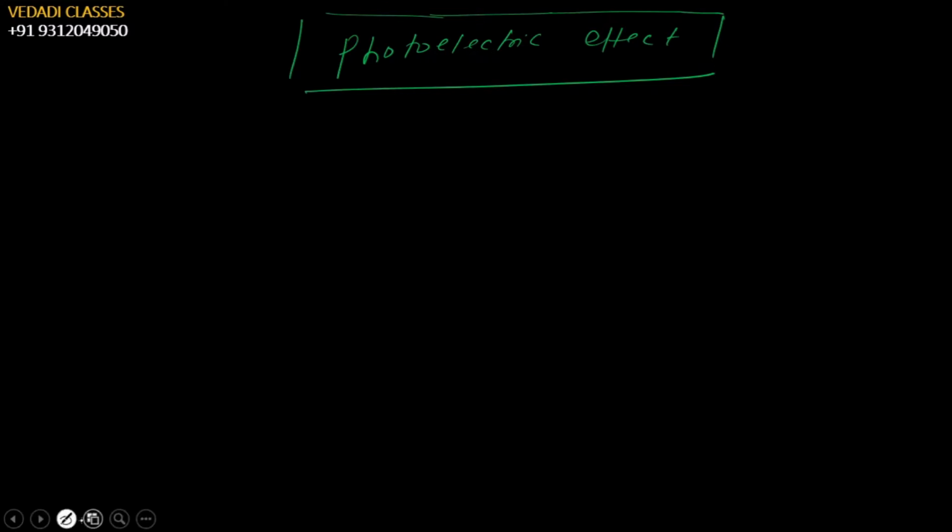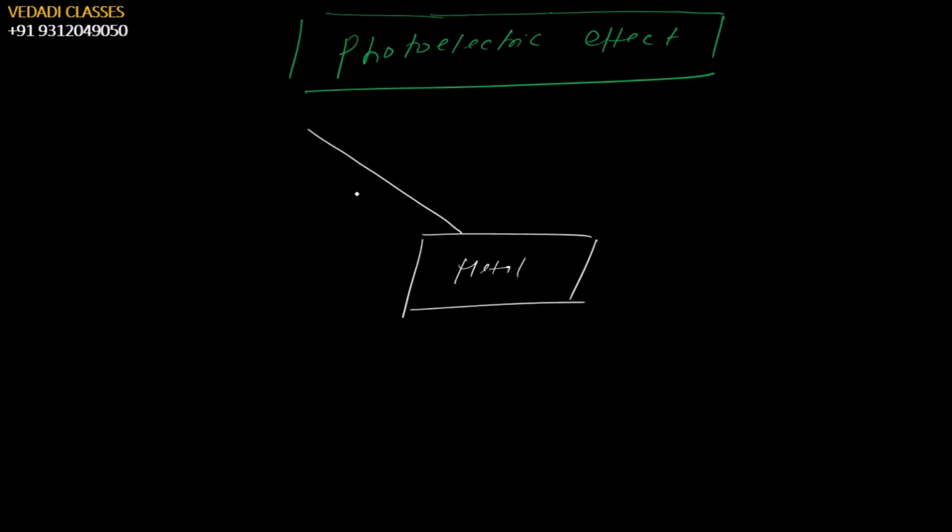When you take a metal, this is a metal surface, and a suitable frequency of light falls on the metal surface, then electrons get ejected.